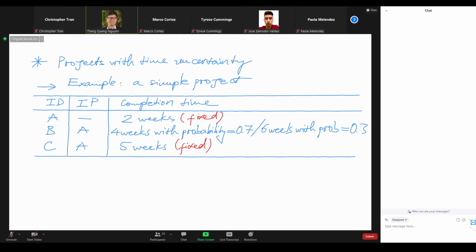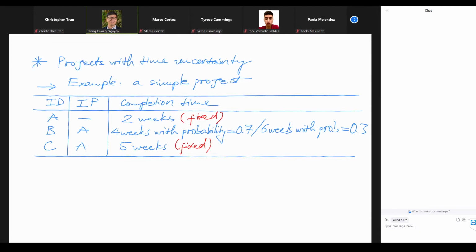So that's where we can find the time uncertainty in this project.